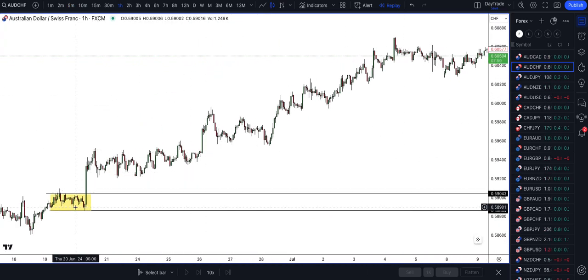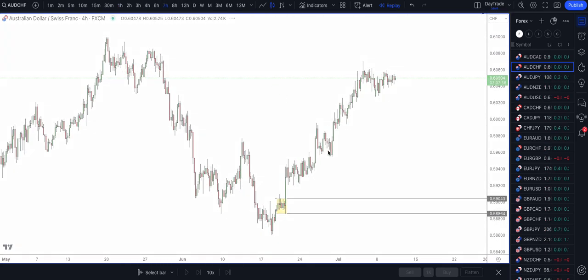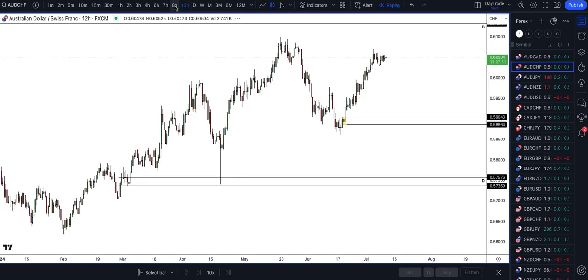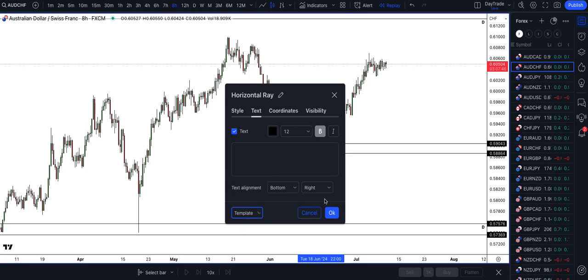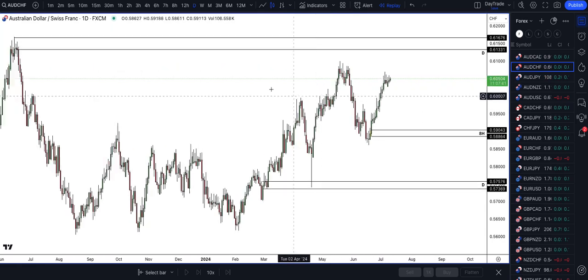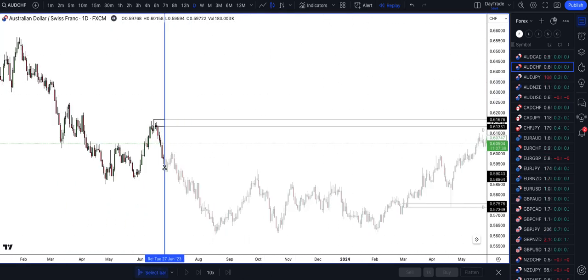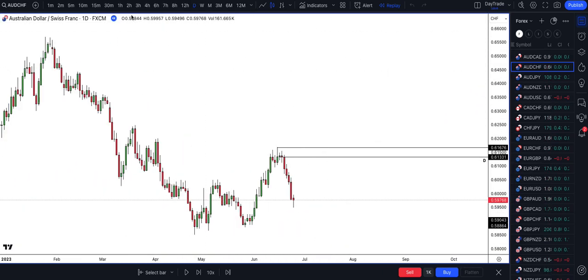We've got one down here. I just need to double check because normally I put labels on this and I've not done it. So this is an 8 hour zone, one that we'll definitely be looking at if price decides to drop. Also have a daily zone up here, but again, this is not actually the best zone for us.